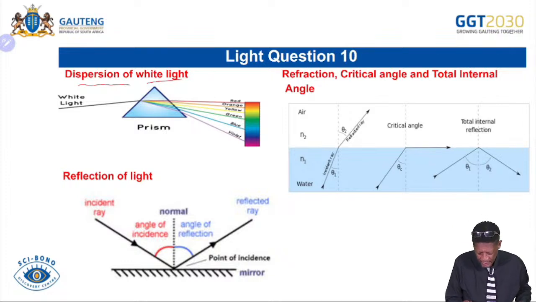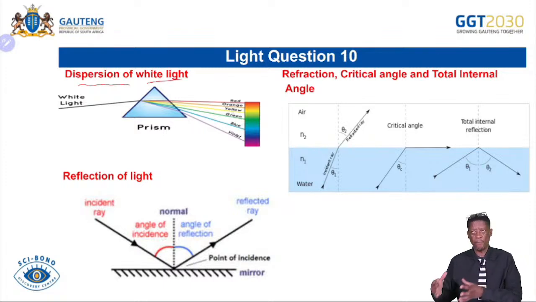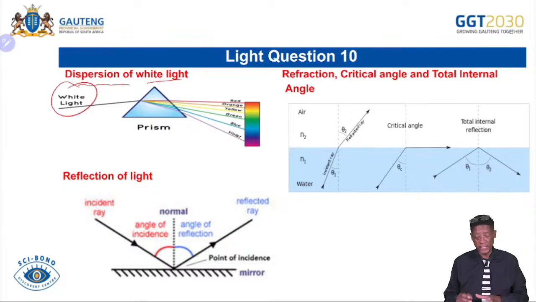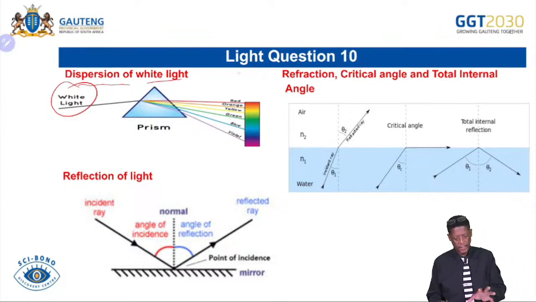It's when white light passes through a prism, it bends in a prism and produces the components of colors. So the white light is very important. You mention the white light, and then when it bends through the prism, it produces what? The components of colors. That is the dispersion.